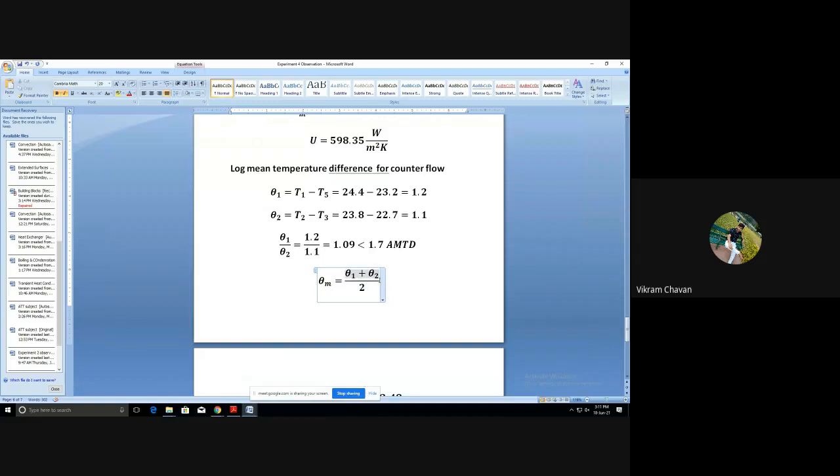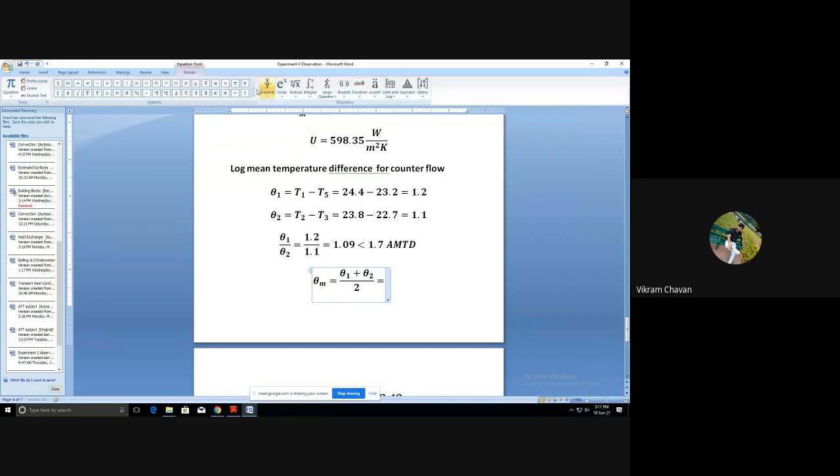That is 1.2 plus 1.1 divided by 2. How much is it?